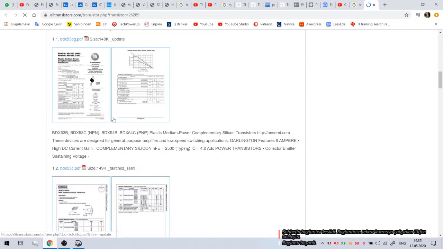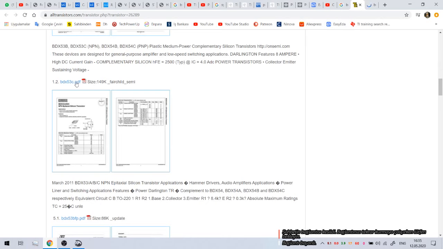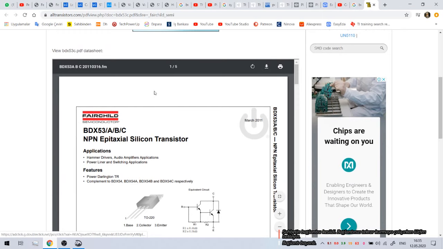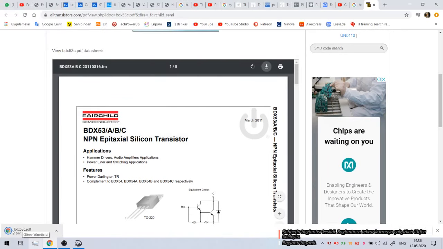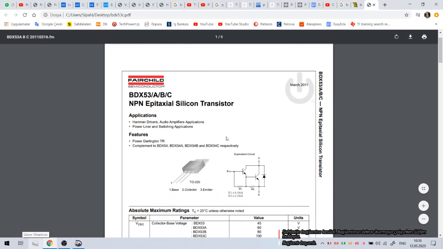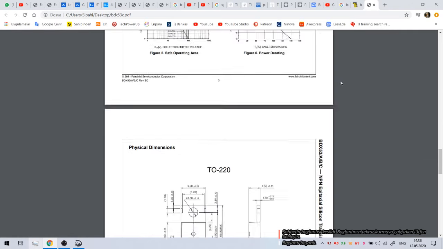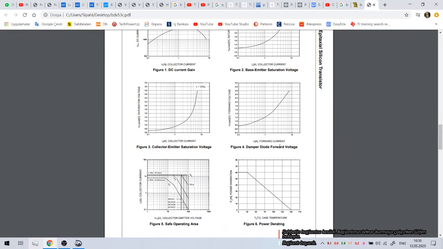I want to use this BJT, and I want to show some parameters of it.